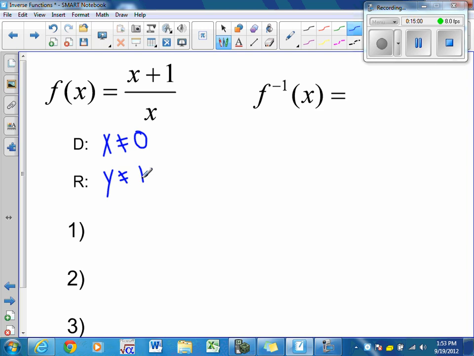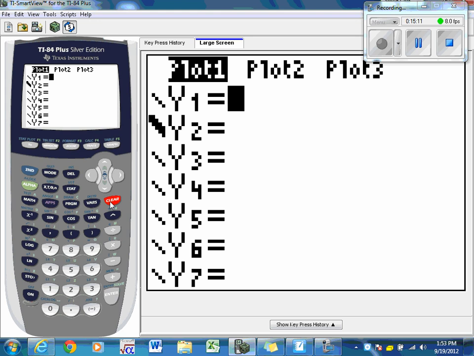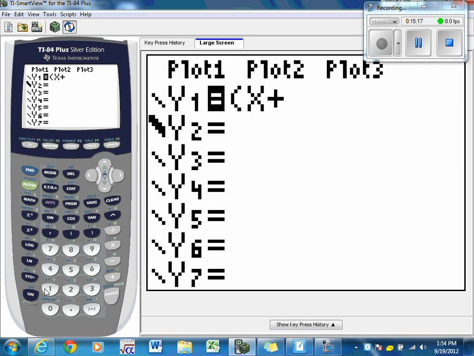So first step, is this 1-to-1? Yes or no? If you graph it, let me graph it here. We have x plus 1 divided by x.